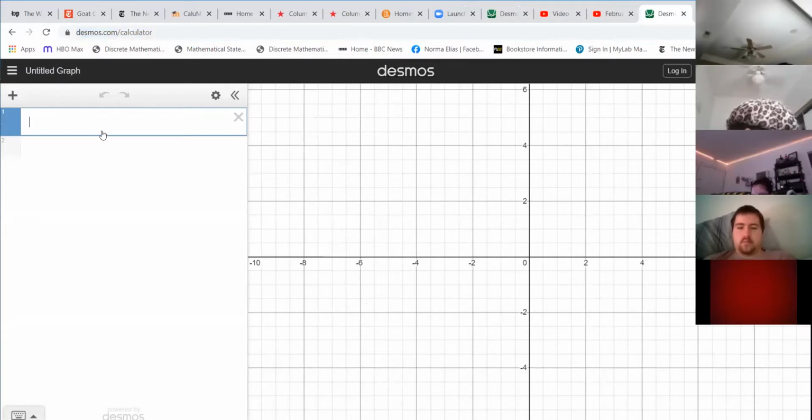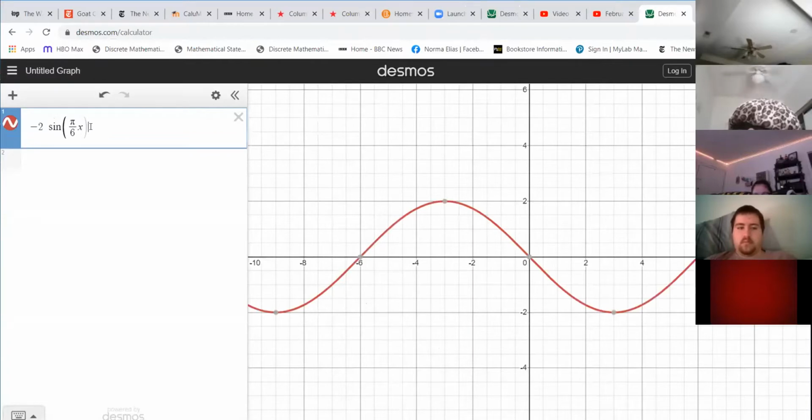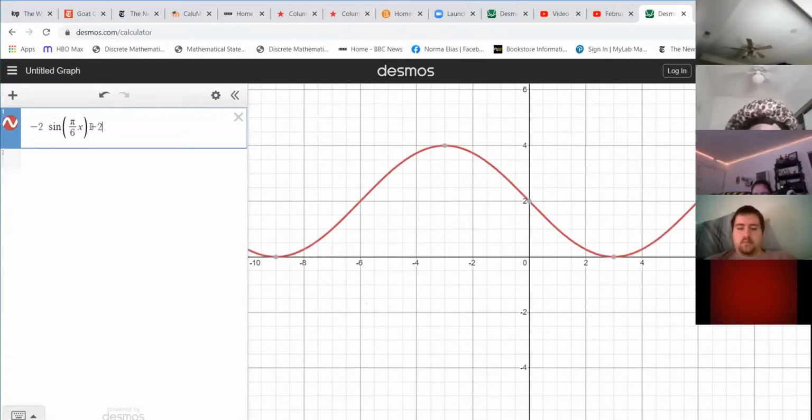So which is going to be minus 2 sine pi over 6 times, it doesn't take t, so I have to put x in here, and plus 2. Okay, so that's really my graph here. Let's see what we got.